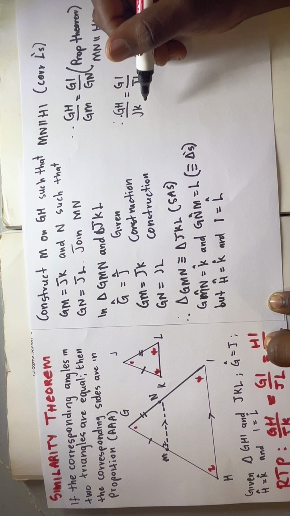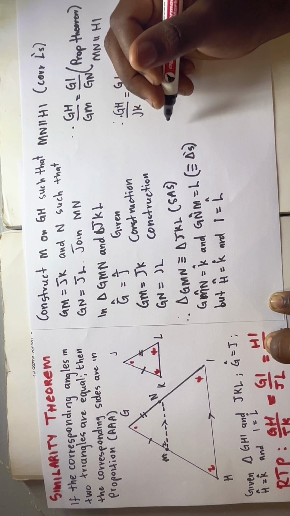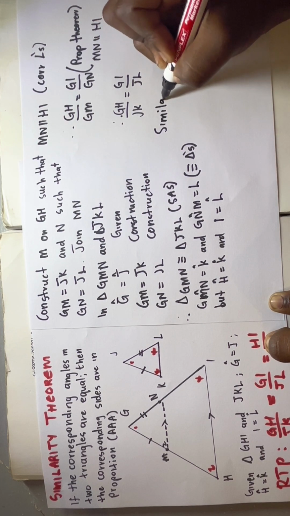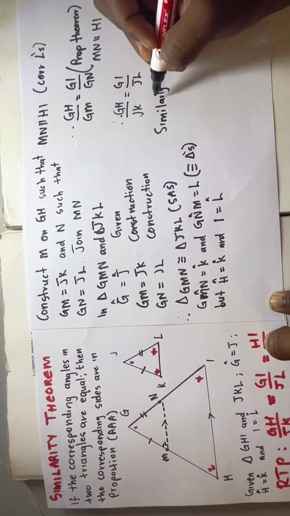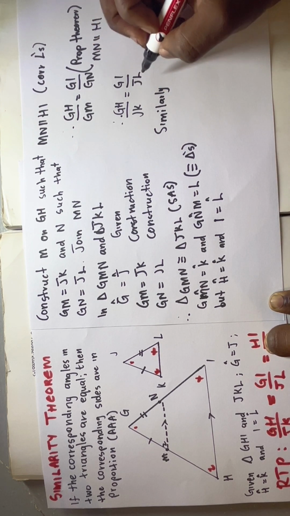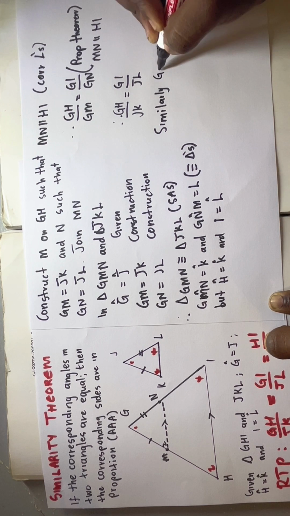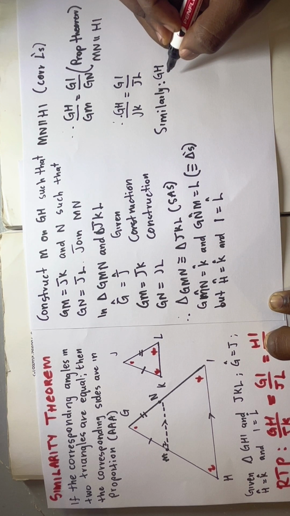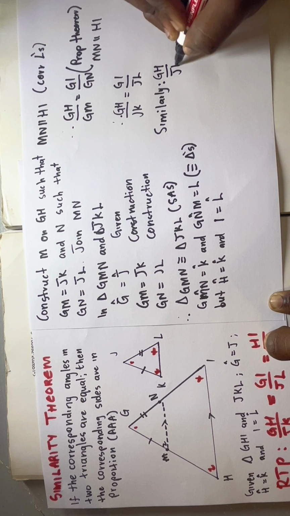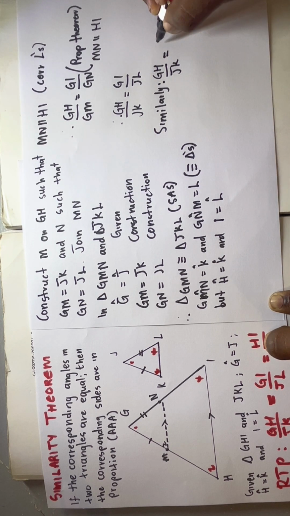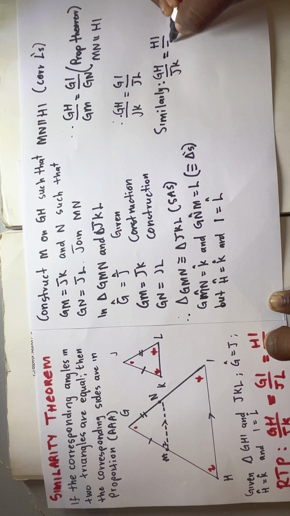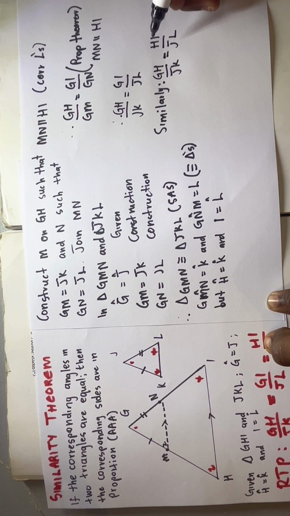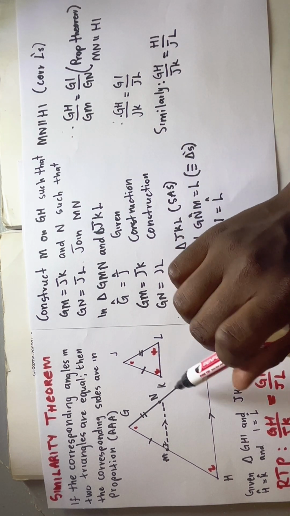And then now you can say similarly, if you have proven that, you can then conclude that actually your GH over JK is in proportion with your HI over your JL, which means it's still in proportion.